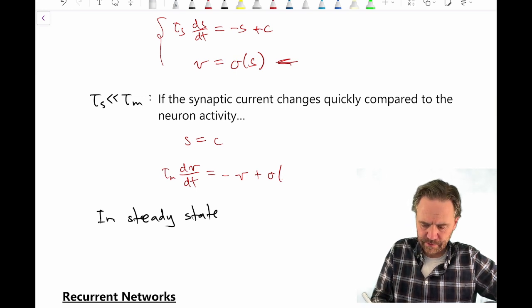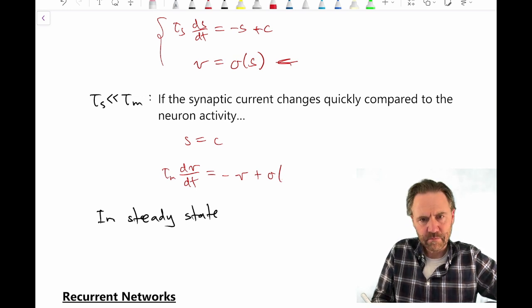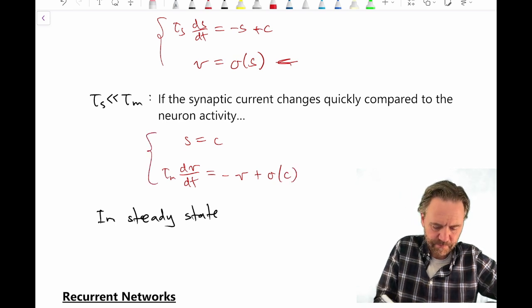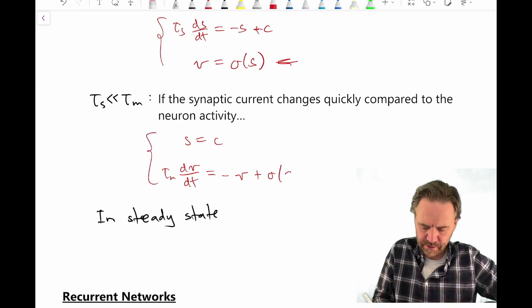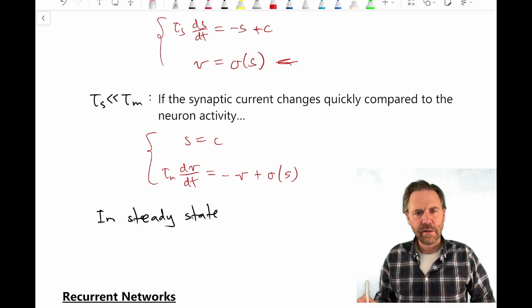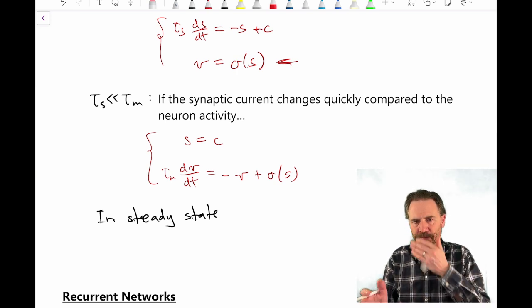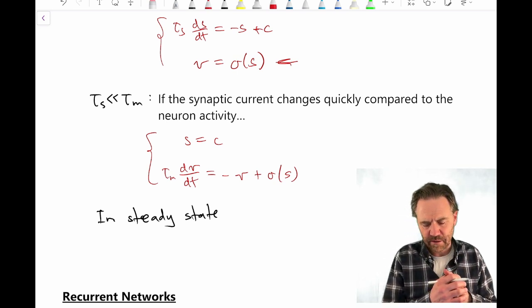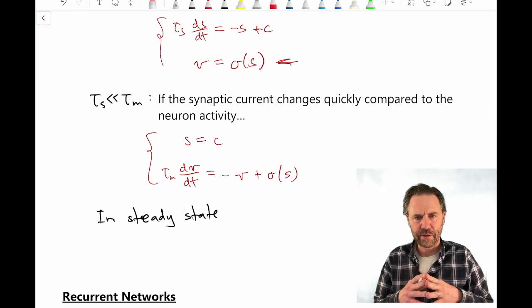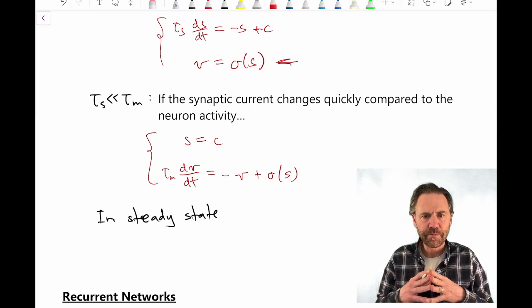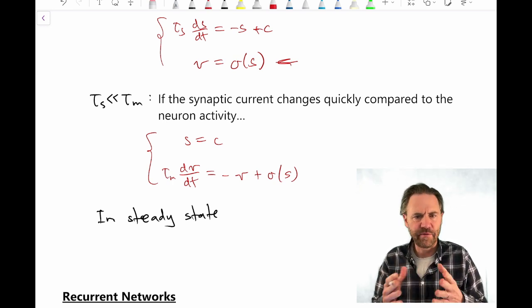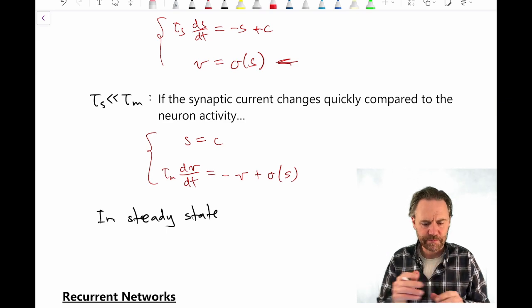Actually, we could put that if we want, but I won't. Let's just put S there. So in that case, the input current is at equilibrium, and the membrane potential, V, is dynamic.